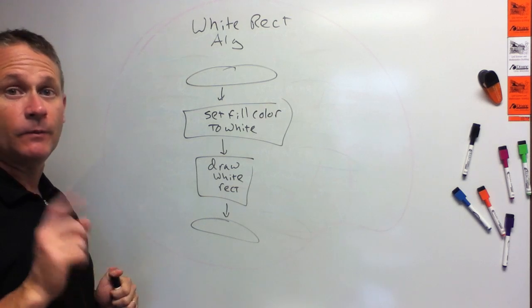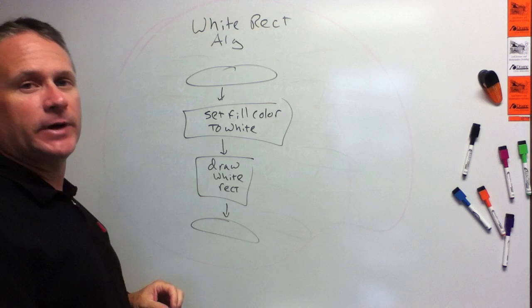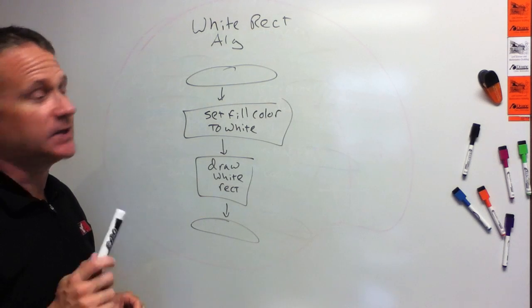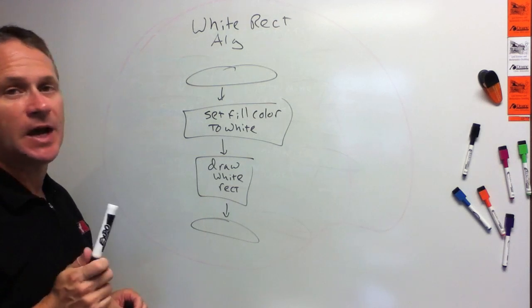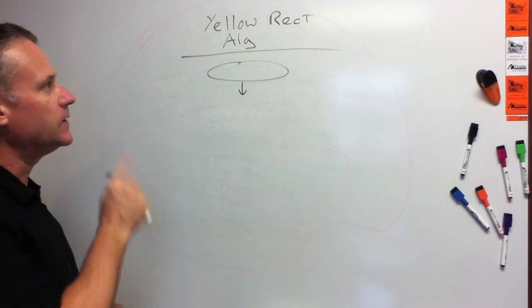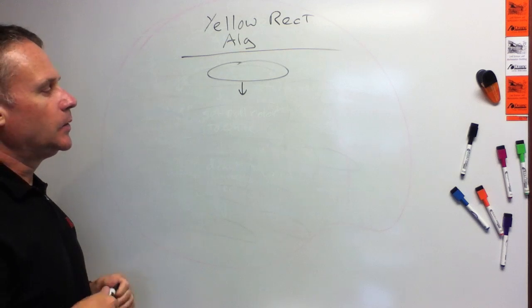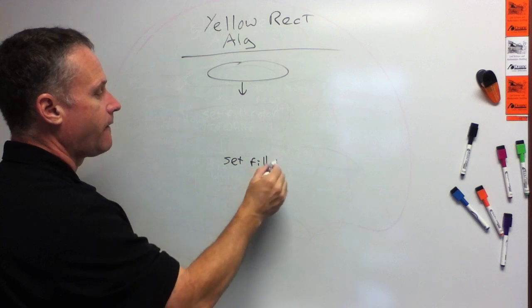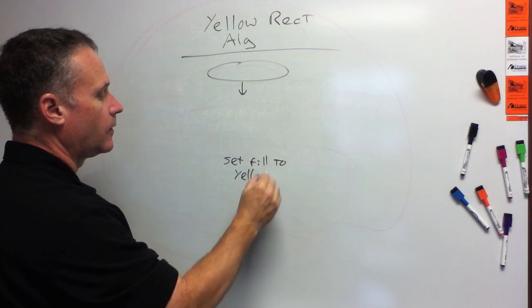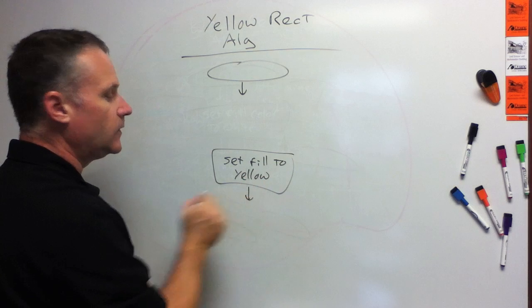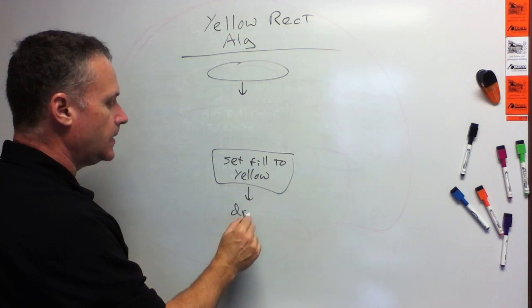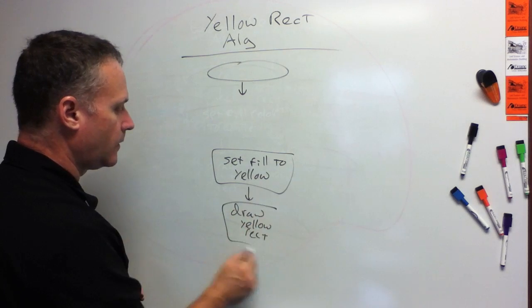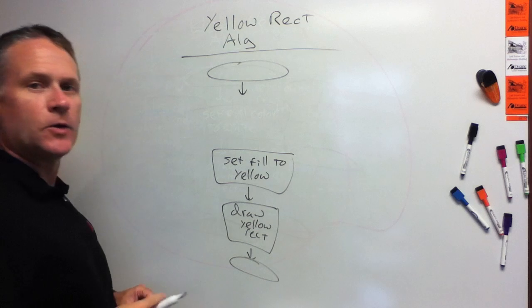All right. Next up then is the last elaborated piece of design, and that will be how do I draw the yellow rectangle, which is the second one. A little bit more complicated, but not much. And lastly then, for the yellow rectangle, I'm going to have to eventually set my fill color to yellow and then draw the yellow rectangle.